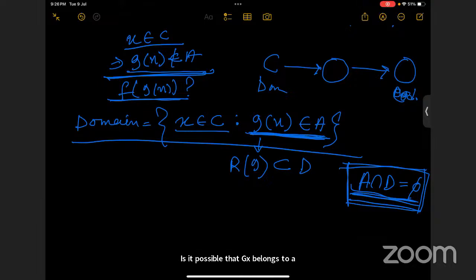No, ma'am. So this case is not possible, right? Yes, ma'am. If D intersection A is empty, then we cannot define the composition of functions, right? Yes, ma'am.